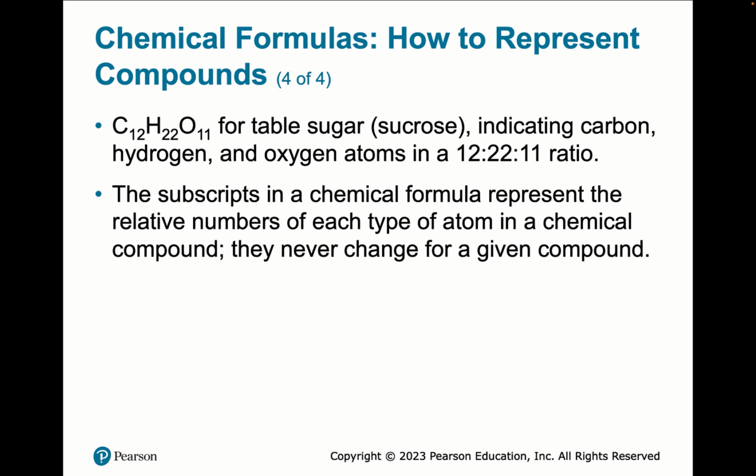And here's sucrose. Sucrose means there are 12 carbons to 22 hydrogens to 11 oxygens. This is one thing to note: sucrose is also known as a carbohydrate. Sugars are a classification of carbohydrates. And it looks like there are 12 carbons to 11 waters, if you follow that.